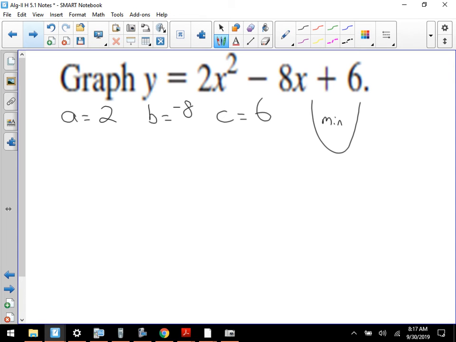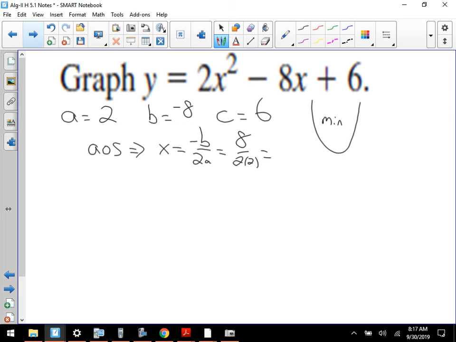All right? So next, after we've done all that labeling, we go to the axis of symmetry, our AOS, which is always x equals the opposite of b over 2a. So what's the opposite of -8? 8. So we have 8 divided by 2 times 2, and we get 4.